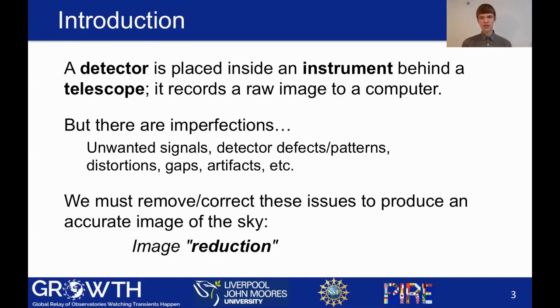There can be unwanted signals, defects or patterns associated with the detector, distortions, gaps in the image, artifacts, and so on, and it is not calibrated. We want to remove and correct these issues in order to produce an accurate image of the sky that is usable for science, and we call this process image reduction.